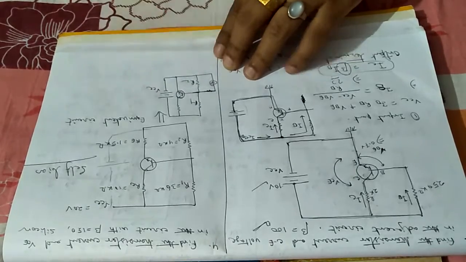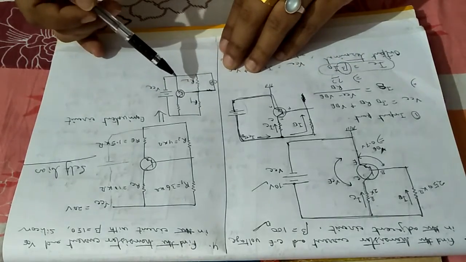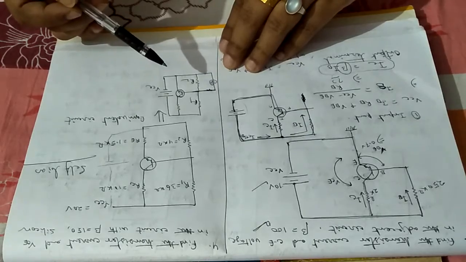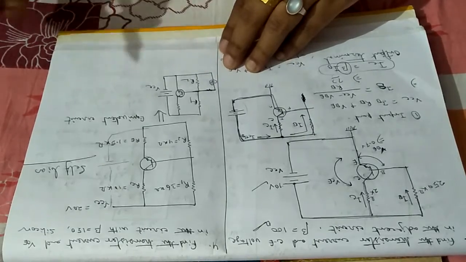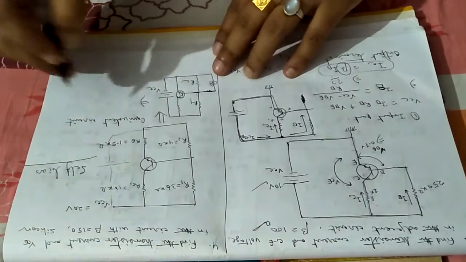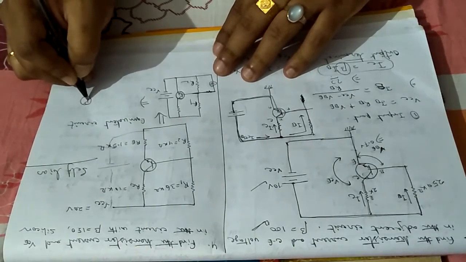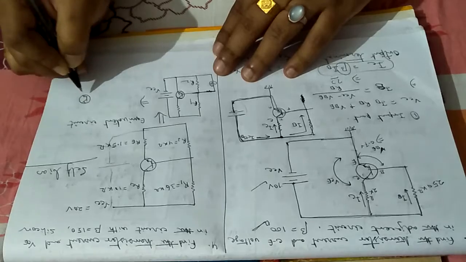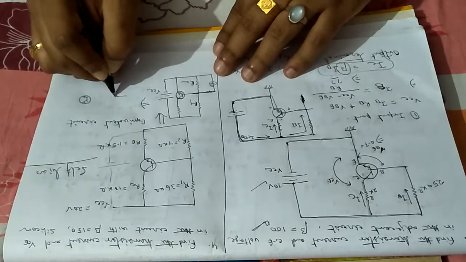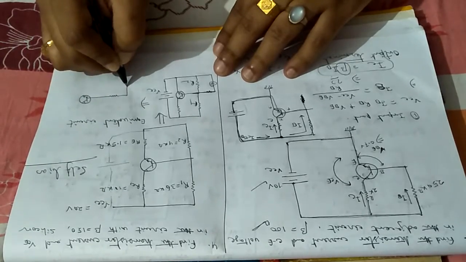This was the self-bias circuit, and we calculated that its stability was better than any other circuit, and from that we drew the equivalent circuit diagram. The equivalent circuit diagram was also very simple. It was drawn applying Thevenin's theorem, if you remember it.